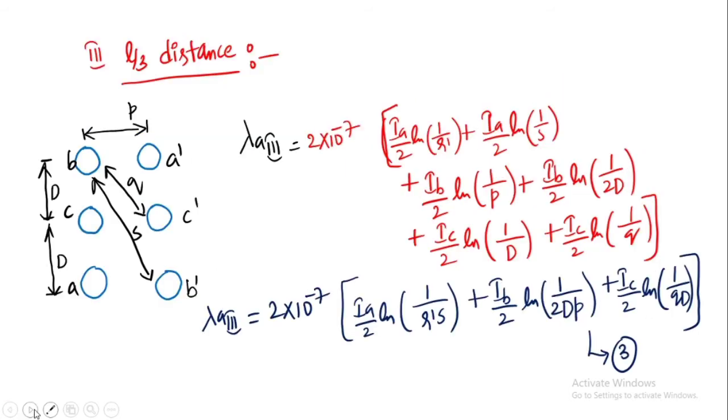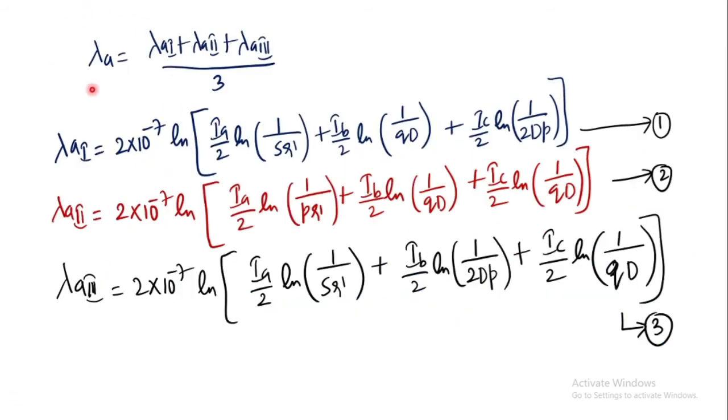Now, how can I find the flux linkage of A if we have transposition done? We need to find the flux linkage for the first L by 3 distance, for the second L by 3 distance, and for the third L by 3 distance, and we need to take the average of them, right? So I have written again the same expressions here.